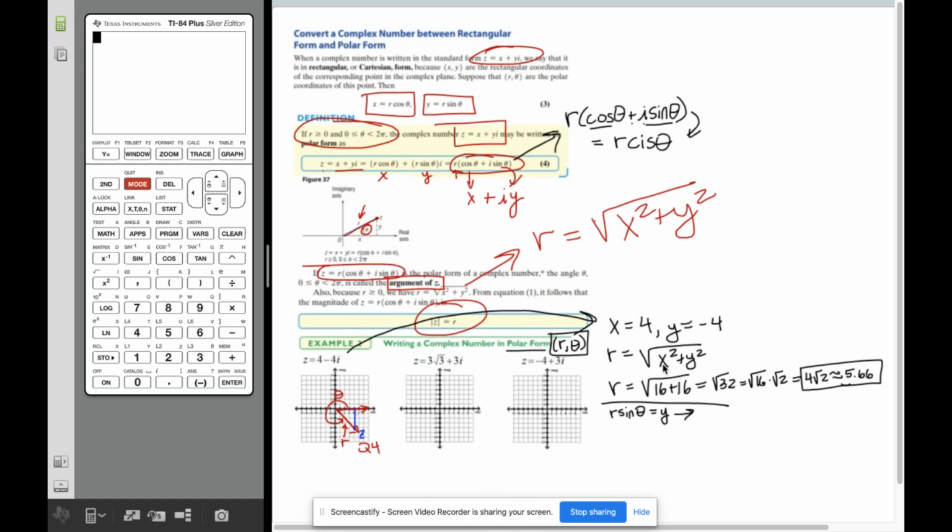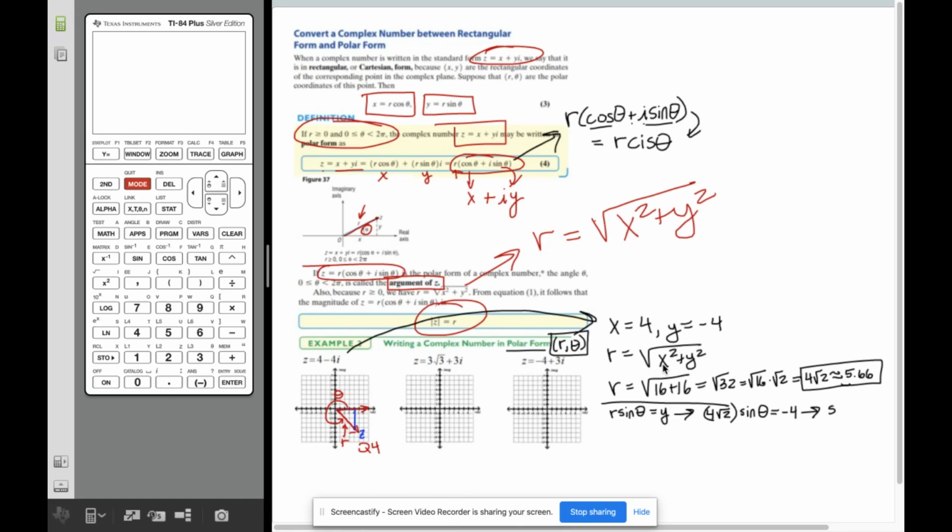So what is r? R is 4 radical 2, times the sine of theta, and that's going to have to equal our y value, which we already know is -4. We'll continue that process right there.